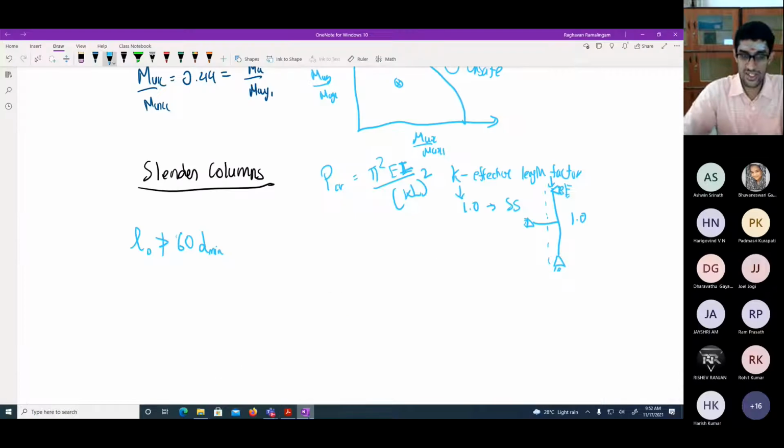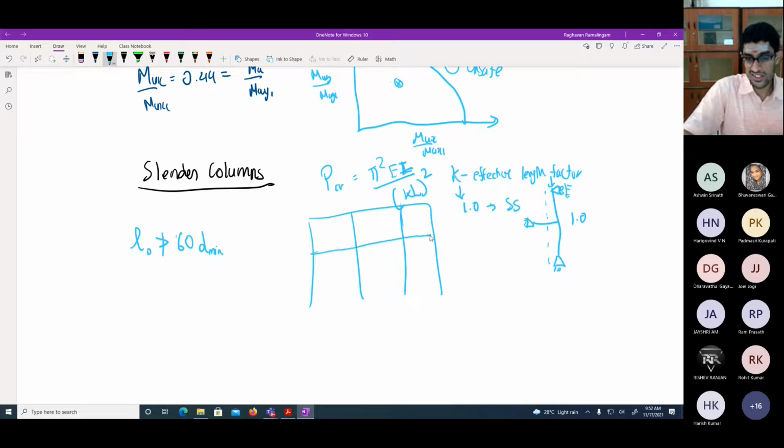See, for example, if you have a frame like this, and you want to know exactly what effective factor to design this column for, how do you design?